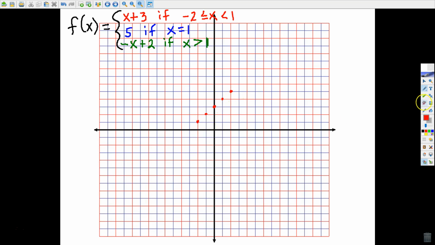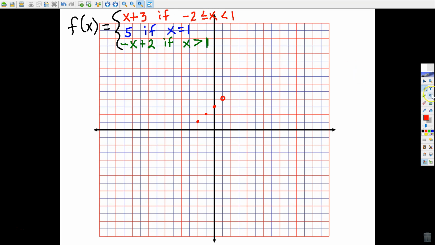Okay, and I actually have one too many over here, because on the right side I should end this little line segment for x values of less than 1. So this dot here really should be open. This is where x equals 1 on this little segment identified as x plus 3 with this domain restriction.